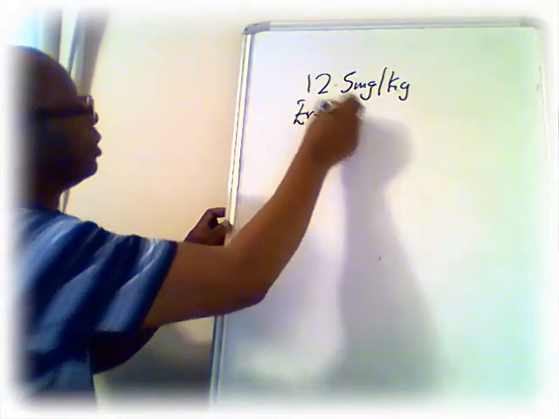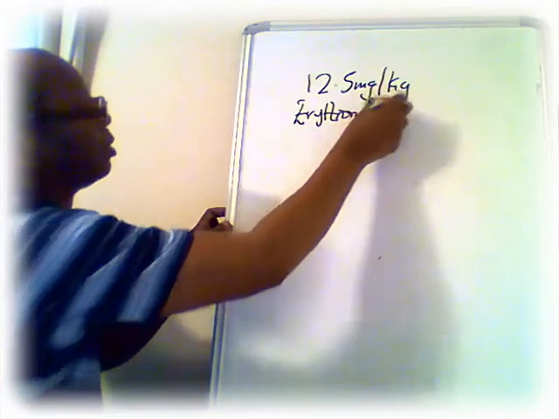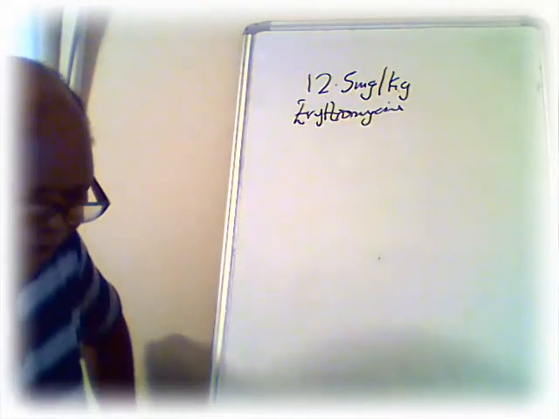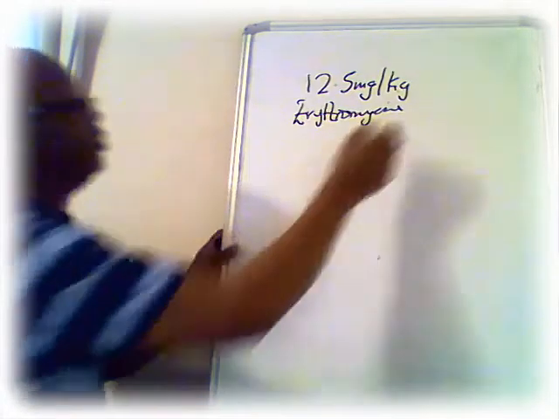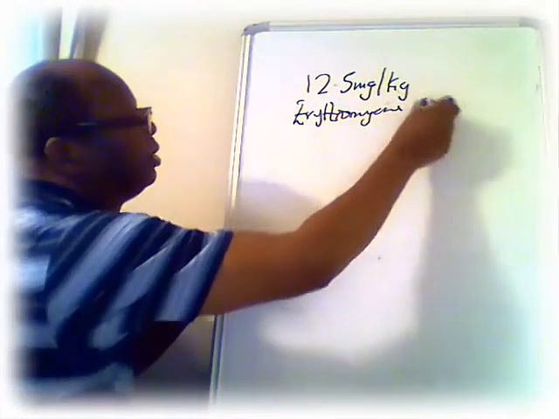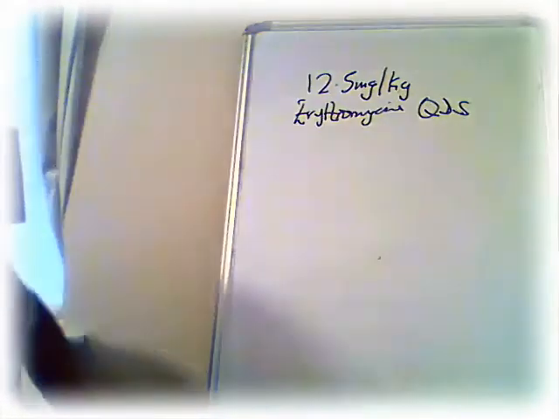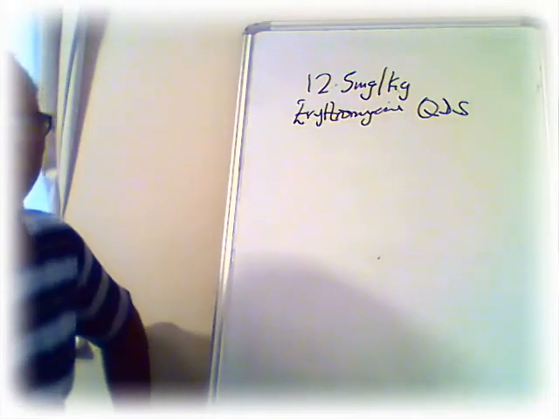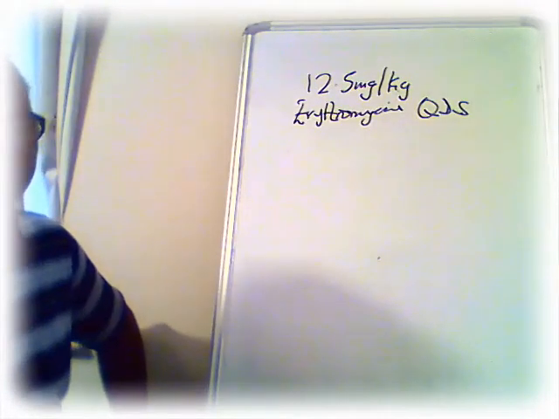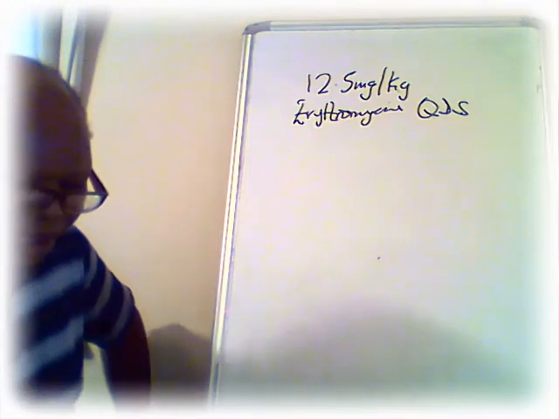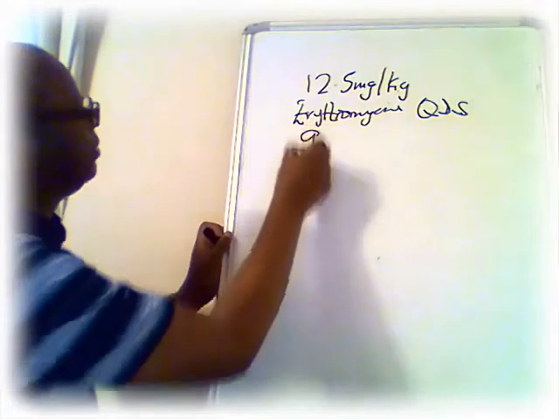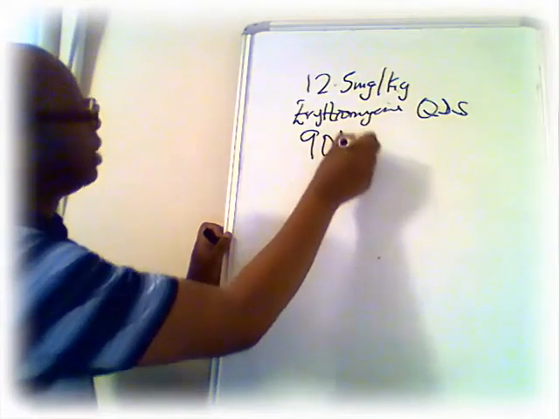And also he has got to receive this medication QDS. Hospital people like these abbreviations quite a lot. QDS means 4 times a day, so he's receiving this dose 4 times a day. And the patient is 90 kilograms.